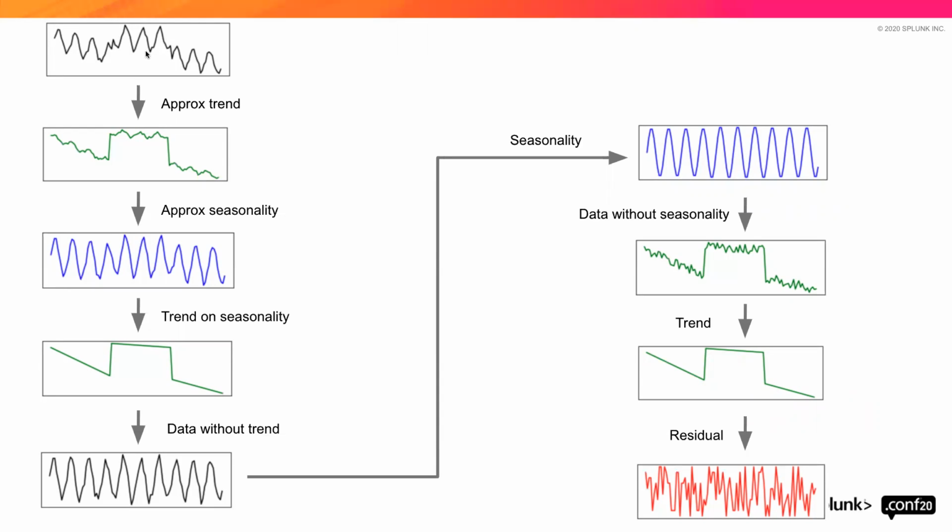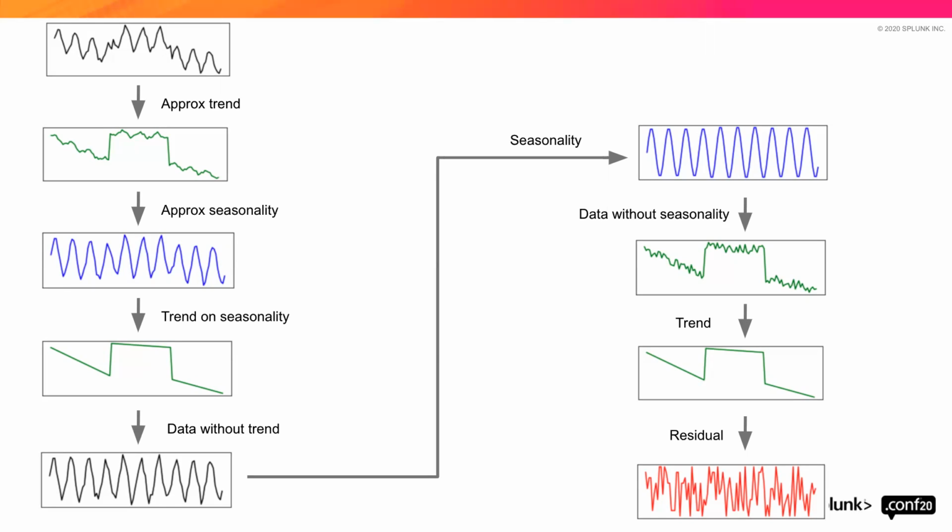At a first pass, you compute the approximate trend and approximate seasonality. And then you make a pass of computing the trend on this particular signal, and you keep going. So this is an iterative algorithm that unwinds the batch computation, but it's approximate in the sense that it's not looking at the same time series over and over again, right?